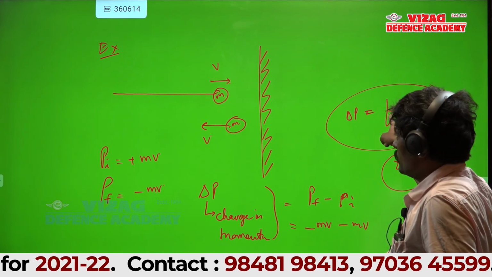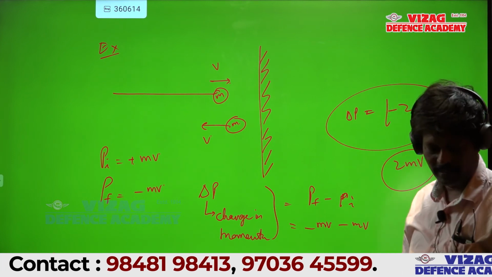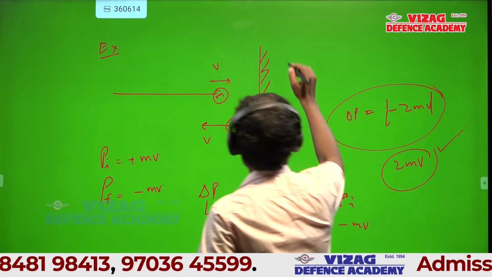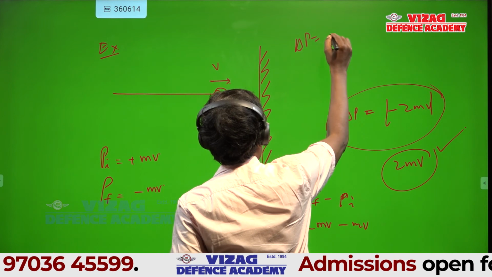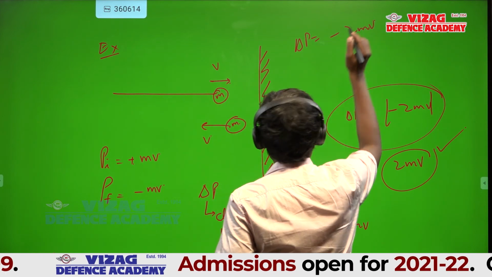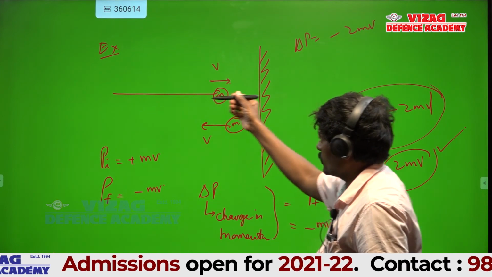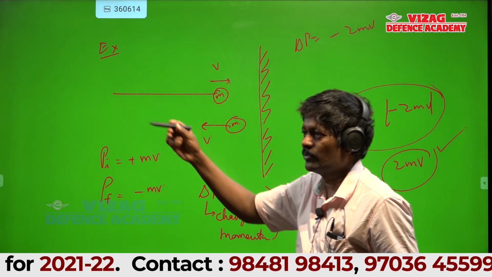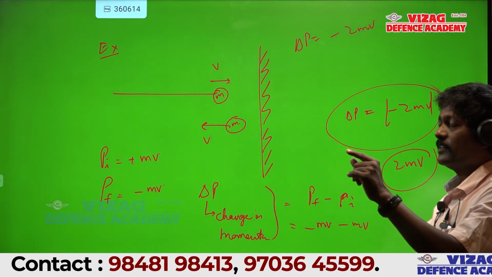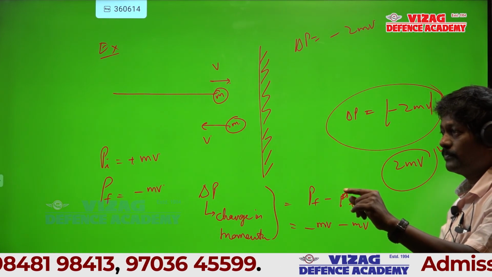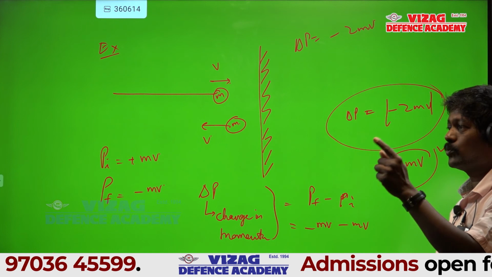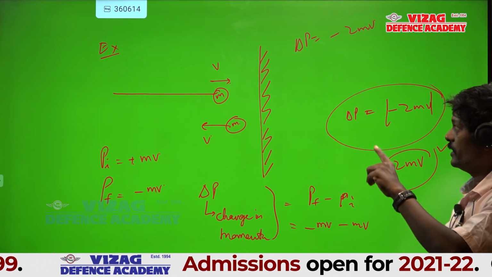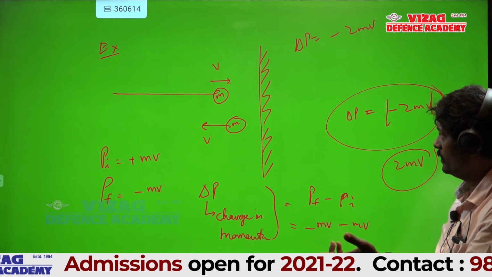Sir, why the minus sign? Listen, actually the change in momentum is minus 2 mv. Right side I took as positive, left side is negative. That means in the options they will give, change in momentum is 2 mv right side, or change in momentum is 2 mv left side.